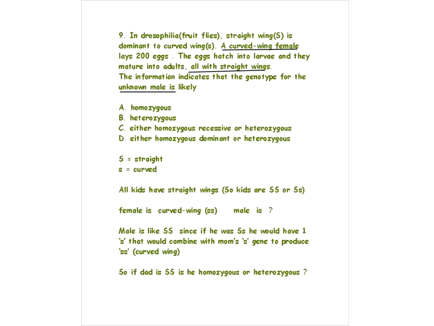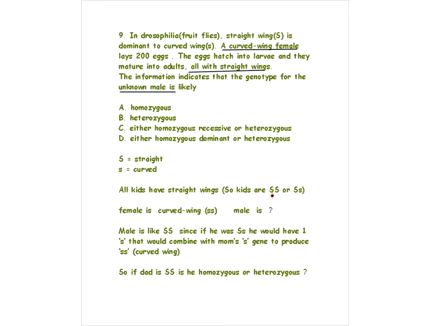So we need to look at what the mom's genes look like, curved wing, and we know the fact that all the kids have straight wings. Let's use that information to find out what the dad's genes are. Okay, so first of all, we know that straight is dominant. So we've got capital S for straight, small s for curved. We know that all the kids have straight wings. So what can we say at this point about the kids' genes?